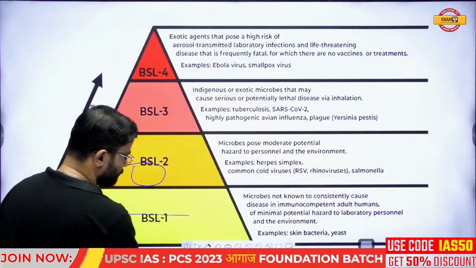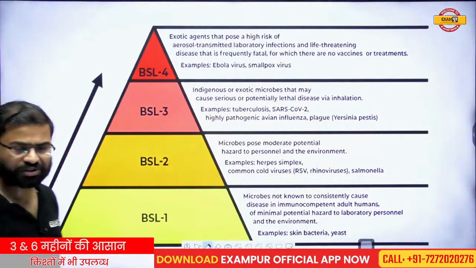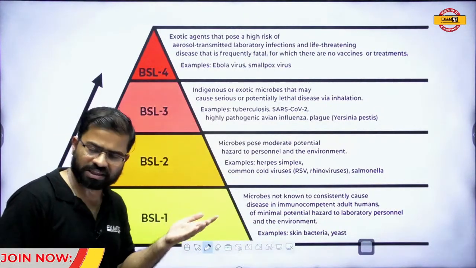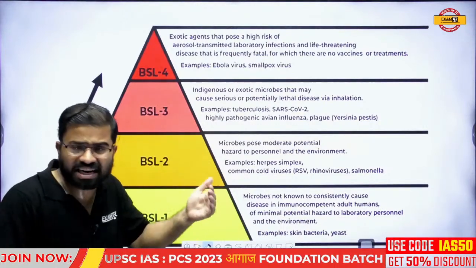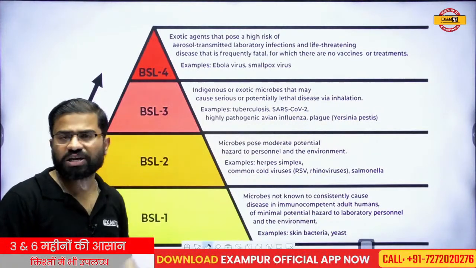There are basically 4 types of biosafety level, depending upon the transmission risk, how easily it can be transmitted, how severe it is, the symptoms, and the death rate. We can classify viruses into biosafety level 1, 2, 3, 4.